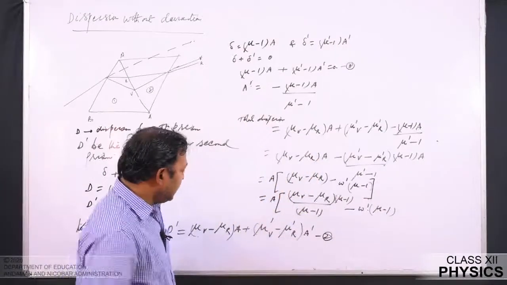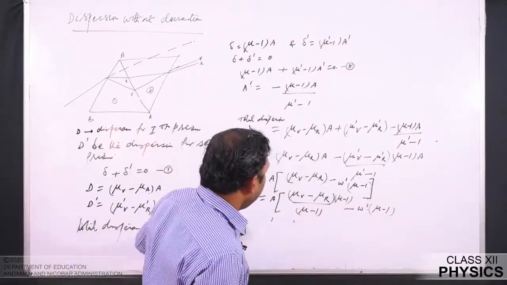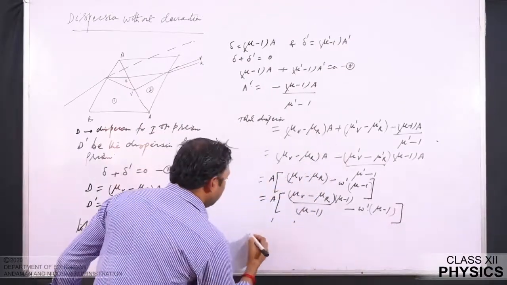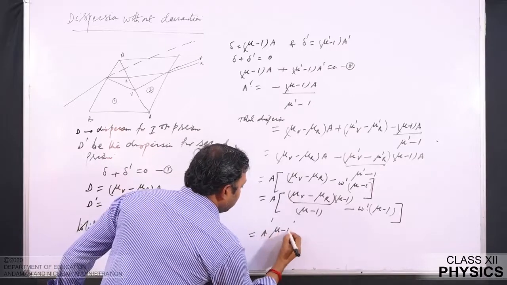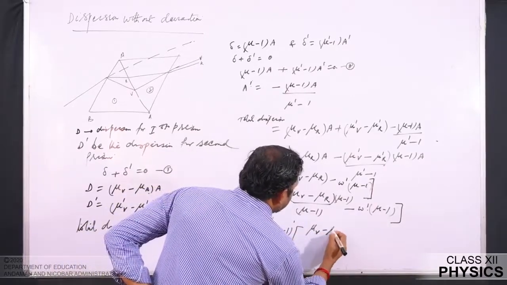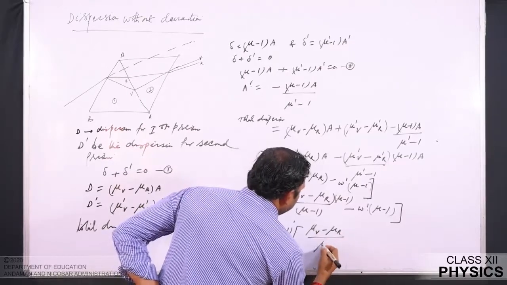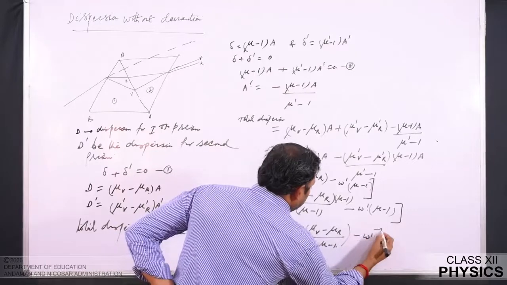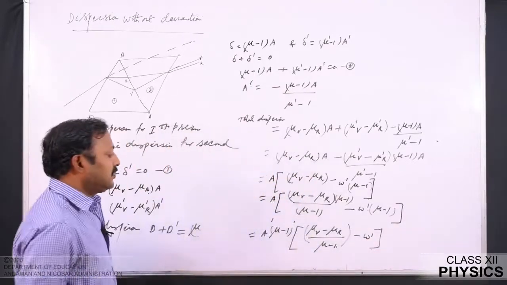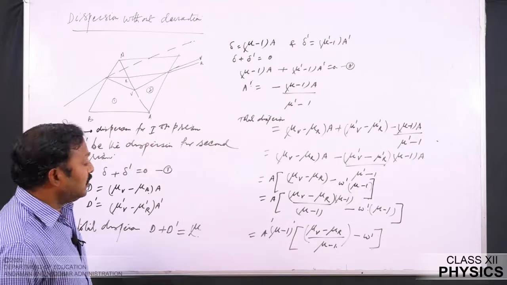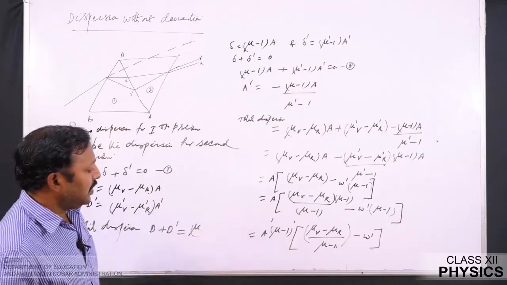Now after this, (mu minus 1) can be taken as a common factor. So take that (mu minus 1) outside: A (mu minus 1) under bracket (mu V minus mu R) divided by (mu minus 1) minus omega dash. And we know that (mu V minus mu R) divided by (mu minus 1) is nothing but the dispersive power of the first prism, so it can be replaced with omega.